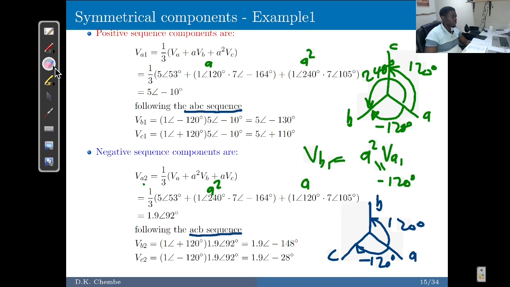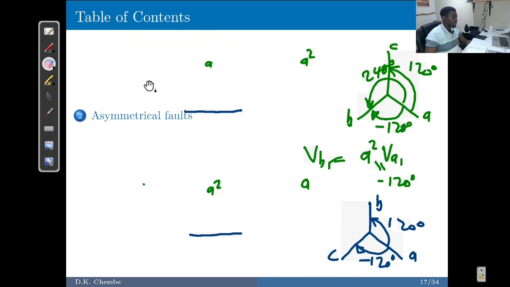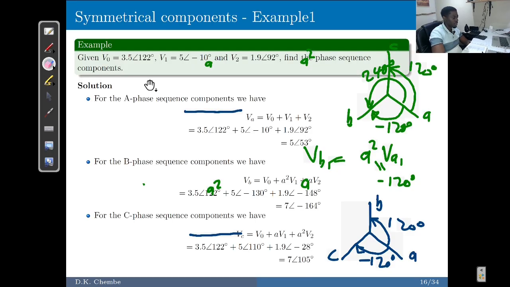And so you have found all the sequence variables.